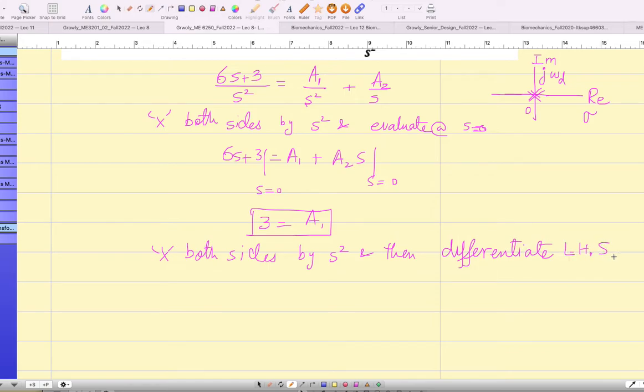Differentiate the left hand side with respect to s and evaluate at s equals 0. So let's do this. 6s plus 3, differentiate it, and then evaluate at s equals 0. This will give you coefficient a2.